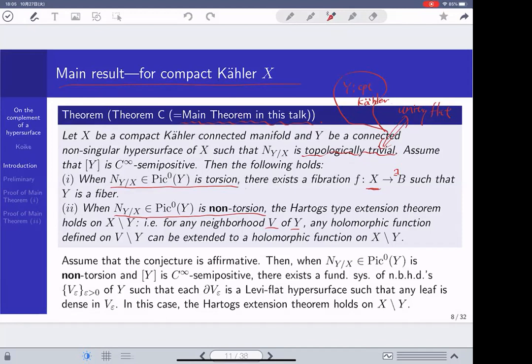Let me explain why the Hartogs type extension suddenly appears here. Assume that the conjecture is affirmative. Then, when the normal bundle is non-torsion and Y is C infinity semipositive, the line bundle Y restricted to a neighborhood V should be unitary flat, if the conjecture is affirmative.